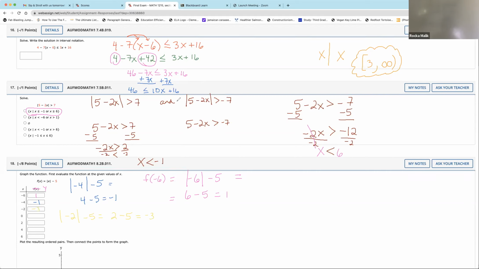So this is giving me a set of points that I can put on the graph. The value of 0, minus 5 equals -5. Okay, and put in 2. Absolute value of 2 minus 5 is 2 minus 5, which is -3.